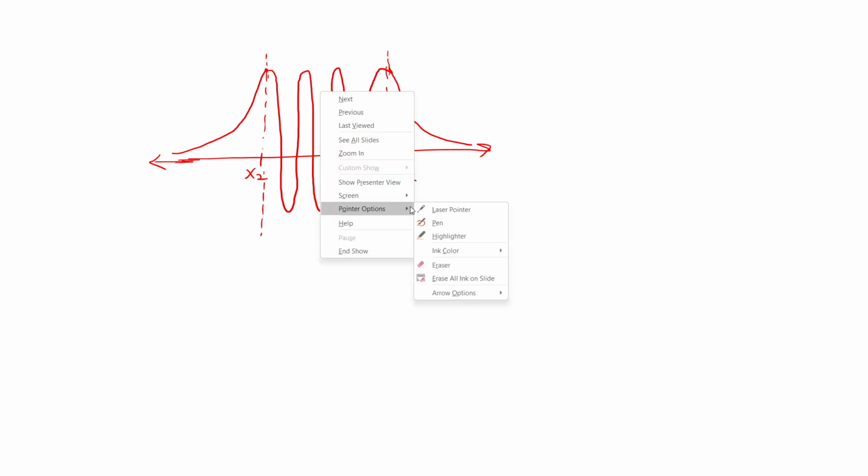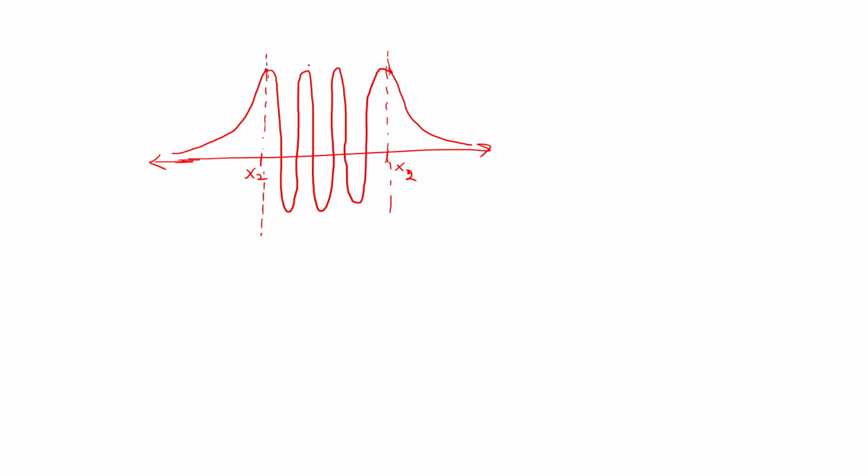And this is called the bounded region. You see, in the bounded region you are getting an oscillatory solution. Oscillatory solutions mean you have different bounded states.